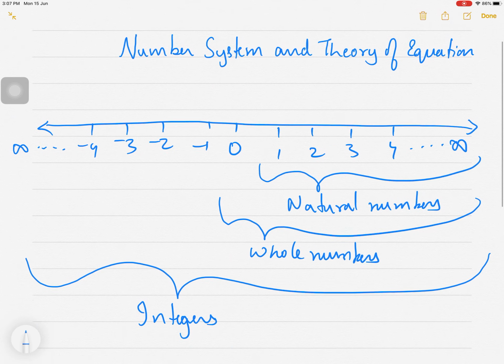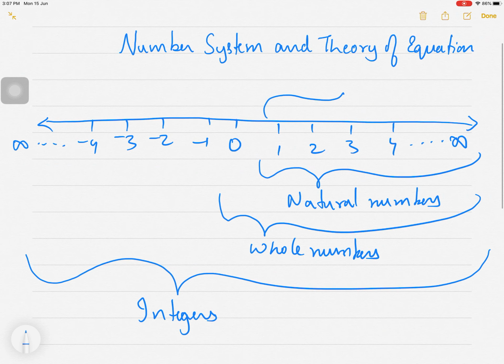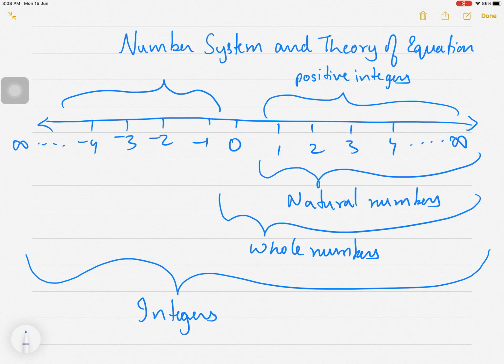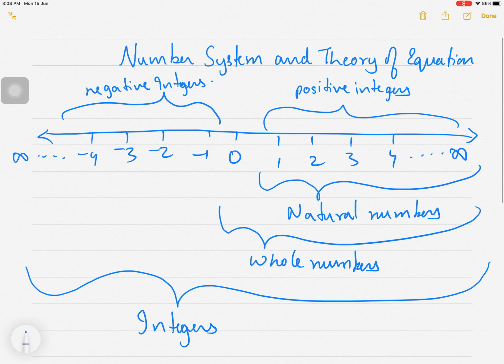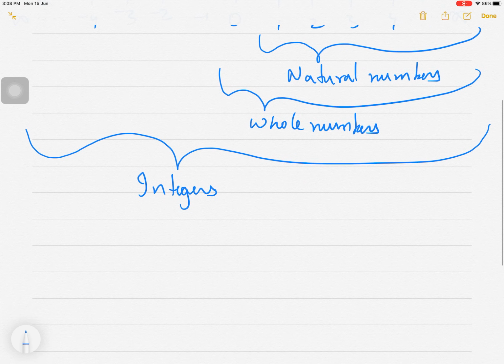These are positive integers, and these are negative integers.